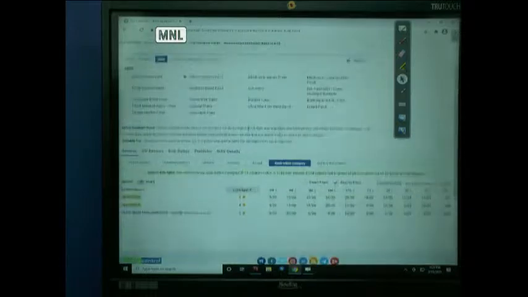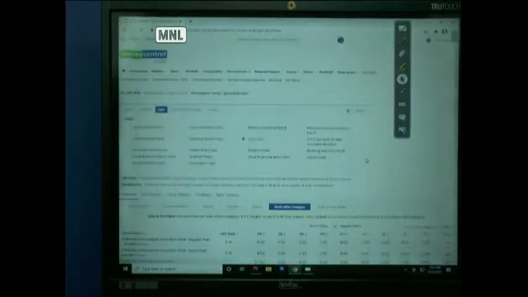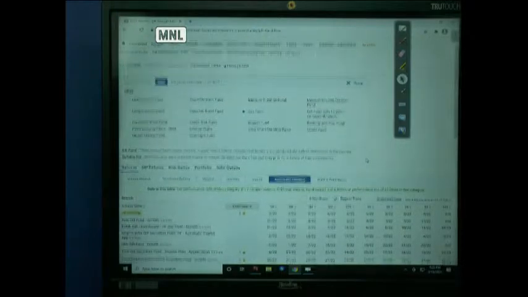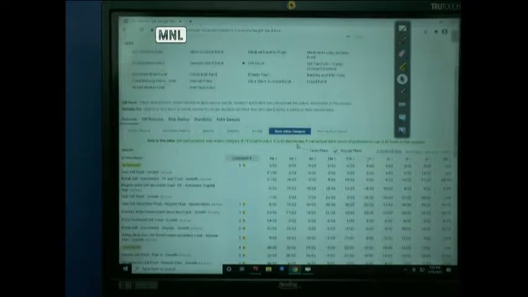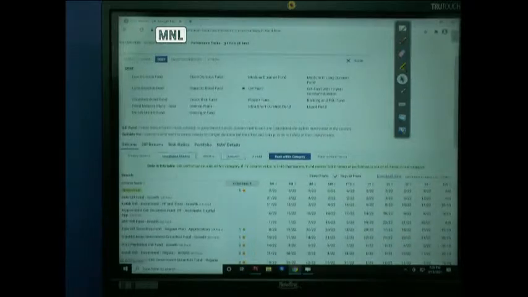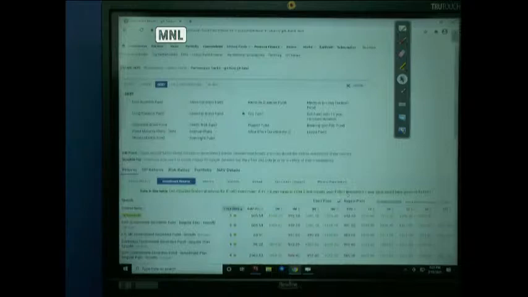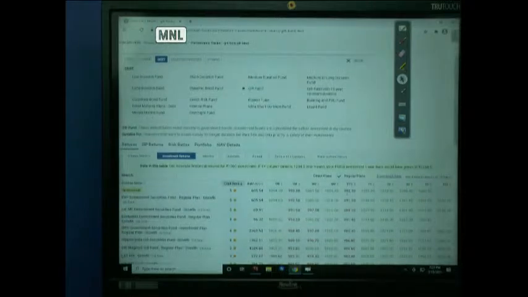So let us look at what the gilt fund return is. If you look at the returns on an average performance, monthly, quarterly, historic return.